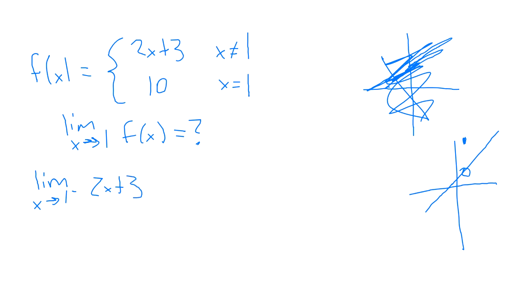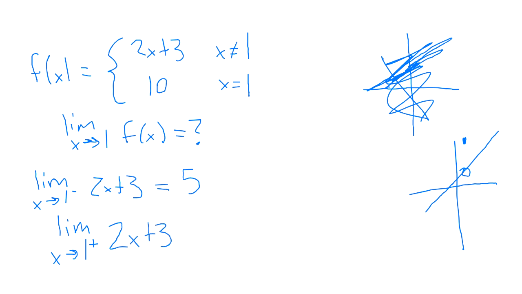And that's going to essentially get us, 1 from the negative side is going to be like 0.99999, so that's very close to 1. So we can essentially say we have 2 times 0.99999, which is essentially 2, plus 3, which is going to equal 5. And then we're going to take our limit from the positive side. Once again, since we're not technically at 1, we will use our 2x plus 3 formula.